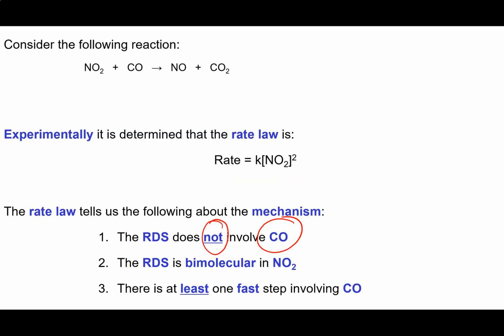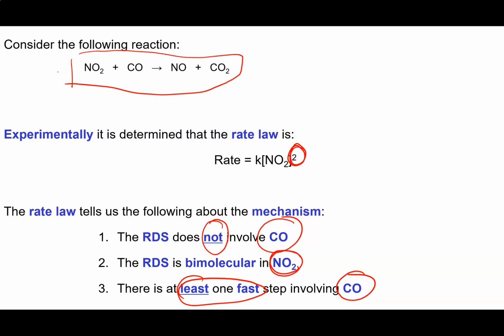It also says the rate determining step involves two NO2s, and we know that because it's second order in NO2. We also know, because the rate determining step doesn't involve CO, that there has to be at least one fast step involving CO, because CO's got to be in there somewhere. So sometimes, once you've got a rate law, you can start guessing what the mechanism might look like.